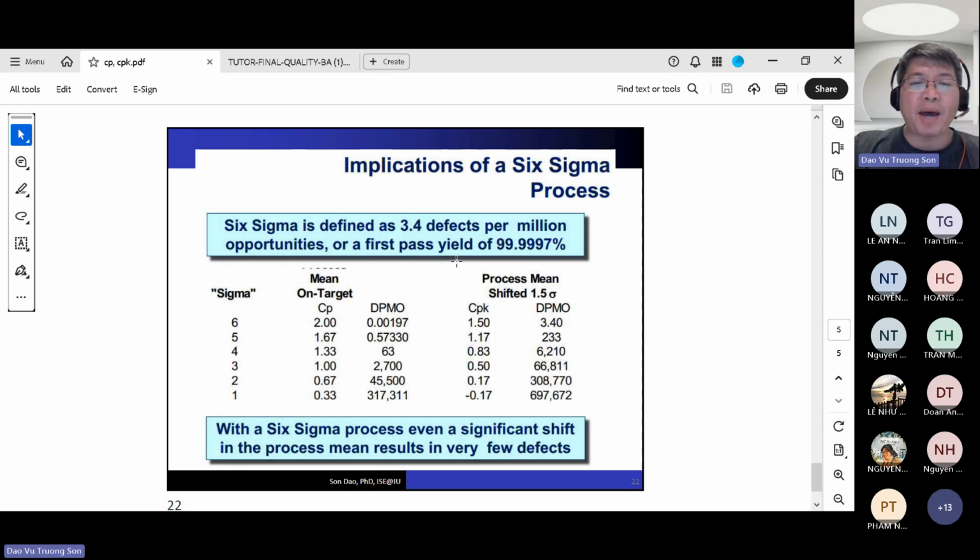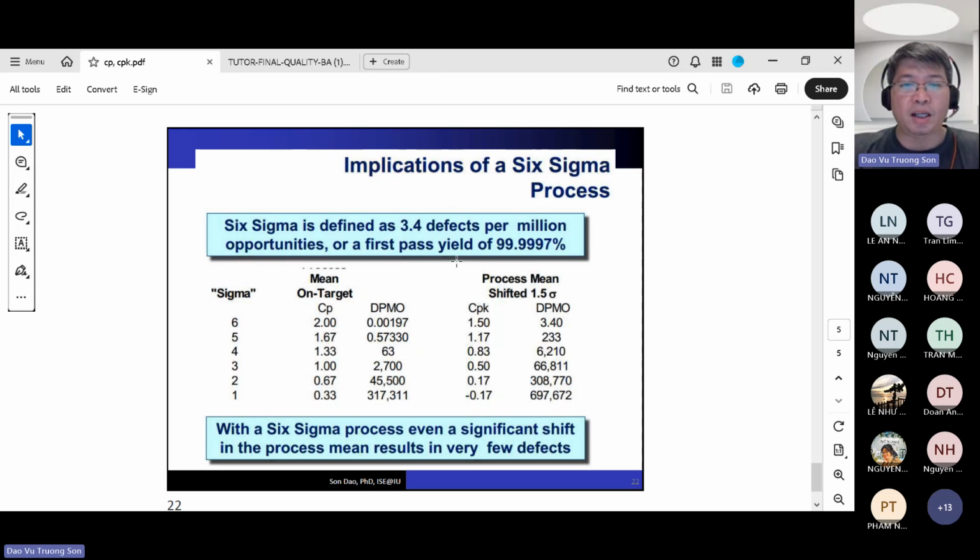Okay. And when things get really bad, this means the process has been shifted by 1.5 sigma. Okay. So a CP of 2 process still gets a CPK of 1.5, and 1.67 still gets a CPK of 1.17, and a CP of 1.33 can still become 0.83.